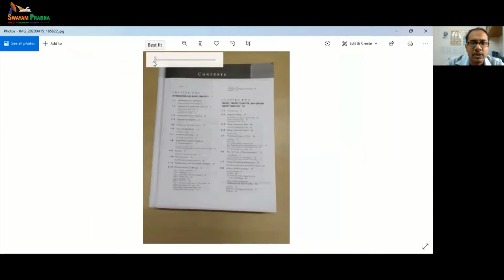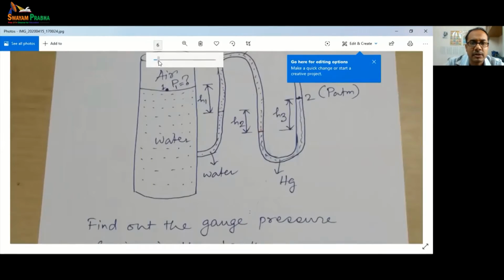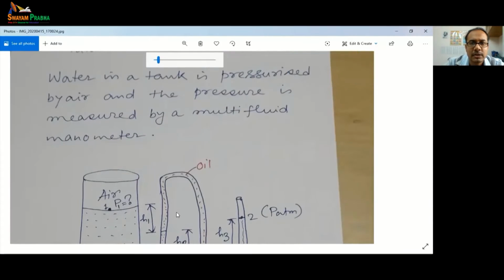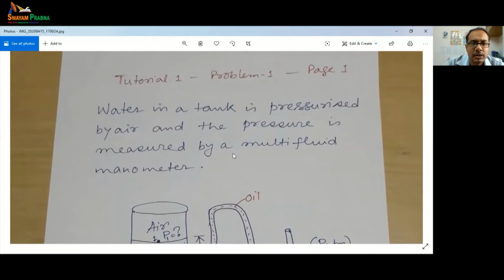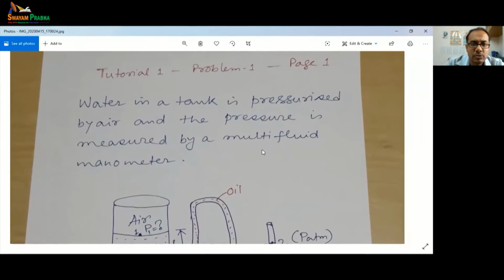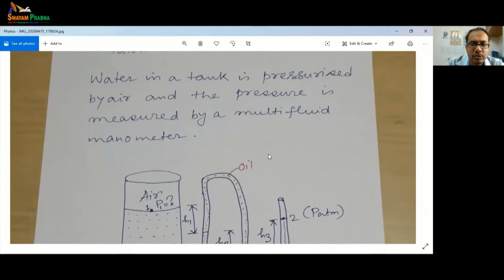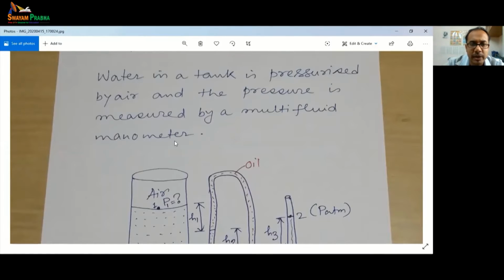So let us take the first problem, which will be on a multi-fluid manometer. What we are doing here is trying to find the pressure of air which is pressurized by water in a tank, and the pressure we are going to measure through this multi-fluid manometer.